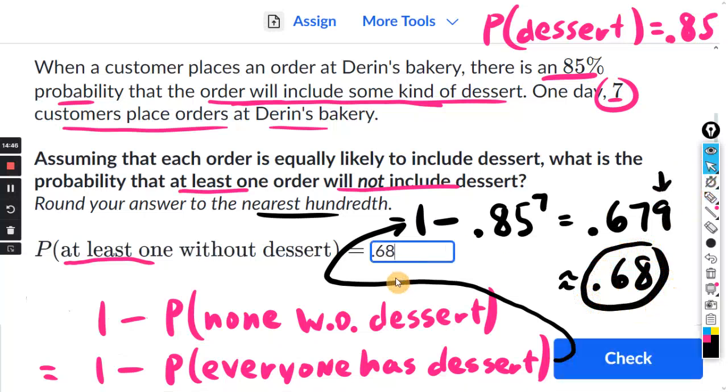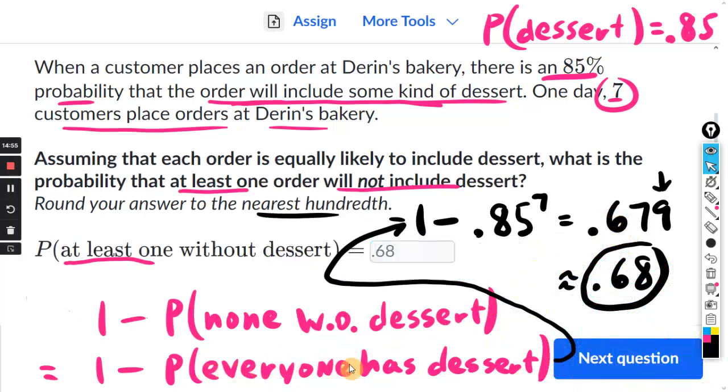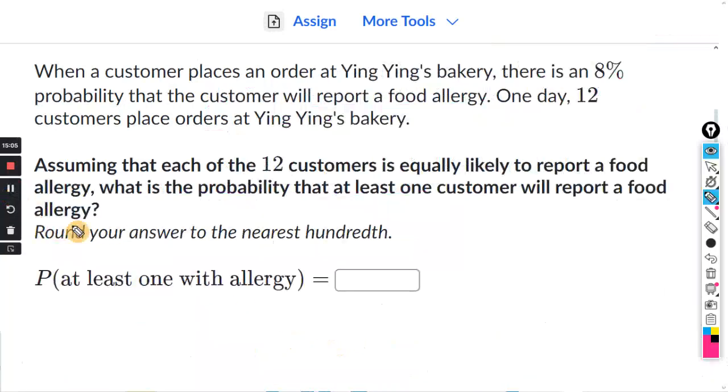So in the box, you can just type 0.68. Okay, I highly recommend you translate these before you attempt to do them, just like I translated right here before I did any math. Highly recommend that.